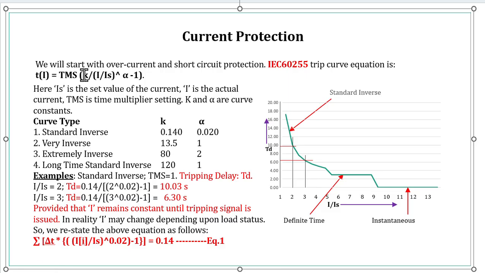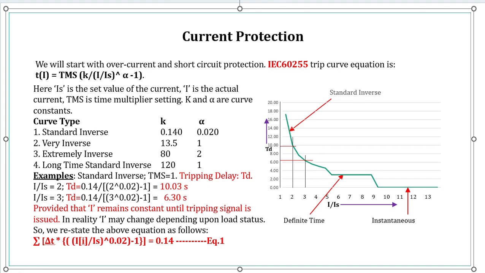And then on the right hand side you only have k, assuming TMS is 1. If TMS is not 1, then bring it down, and on the right hand side you will only have k. Okay, so this is how equation 1 is brought to life.